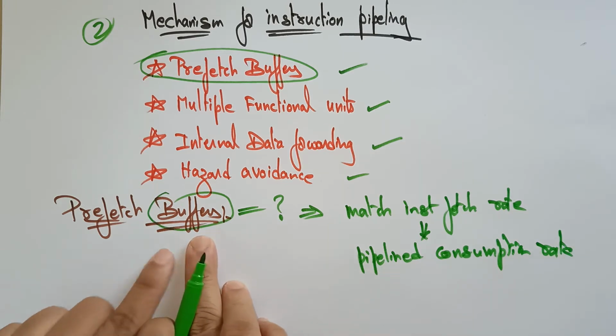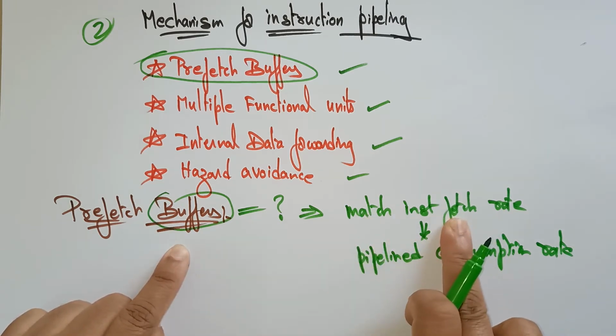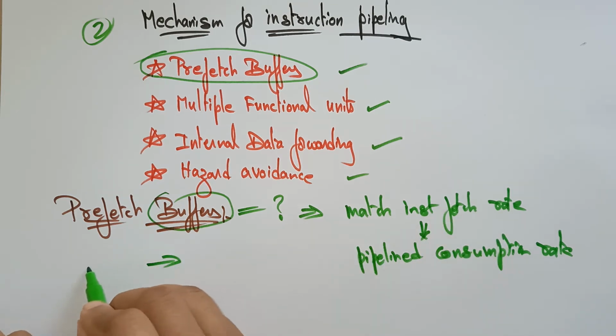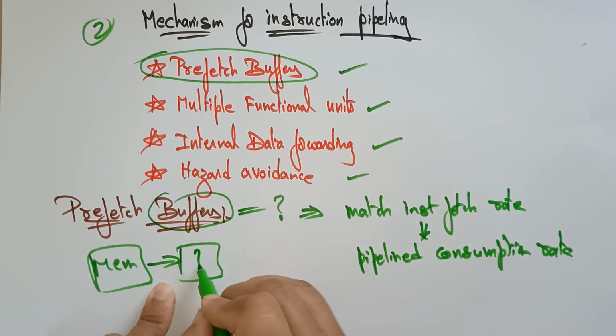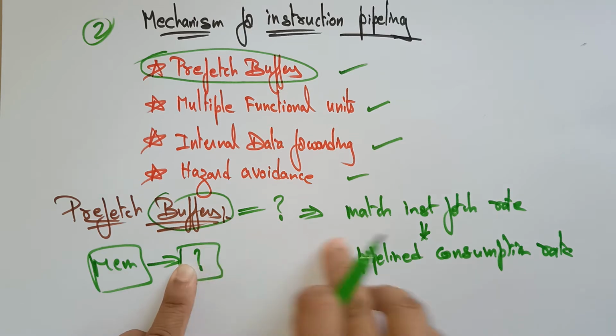Okay, so what type of buffers do we have to use to match the instruction fetch rate? Instruction fetch rate means you have to fetch the data from the memory. So this is the memory, and from the memory unit we have to fetch the data. Whatever buffer you are using here has to match the instruction fetch rate to the pipeline consumption rate.